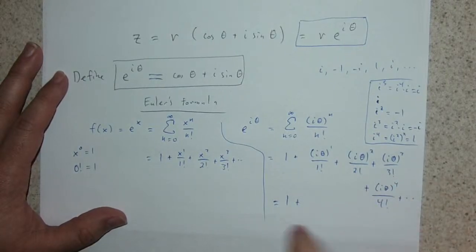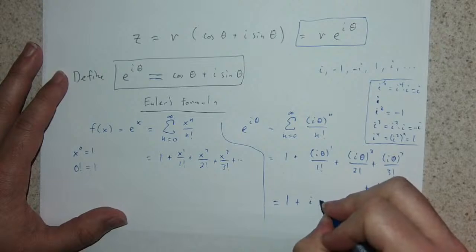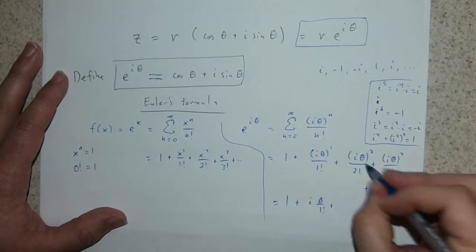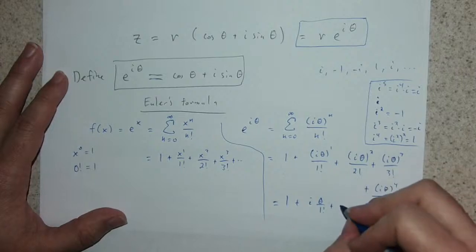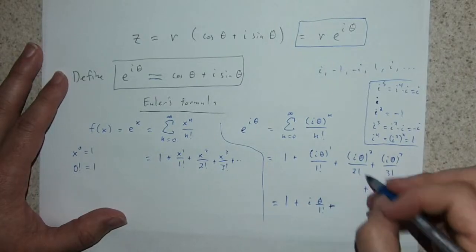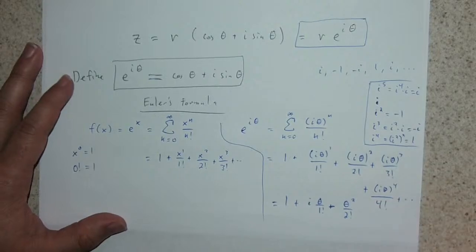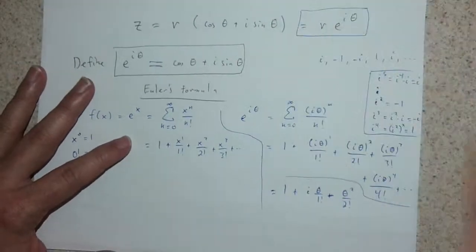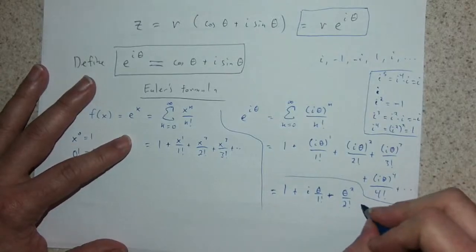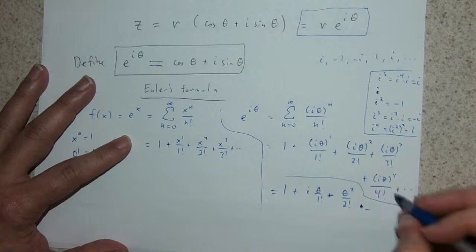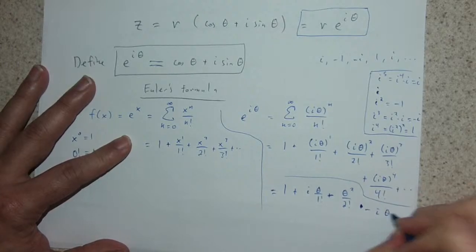So this is 1 plus i theta over 1 factorial, plus i squared is -1, so this is actually minus theta squared over 2 factorial. Plus i cubed is minus i, so this is another minus i theta cubed over 3 factorial.